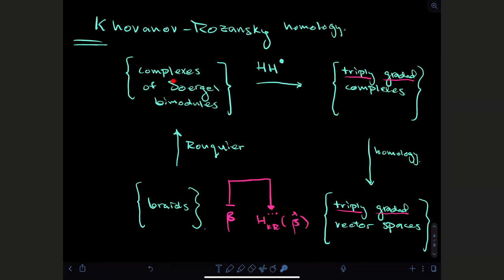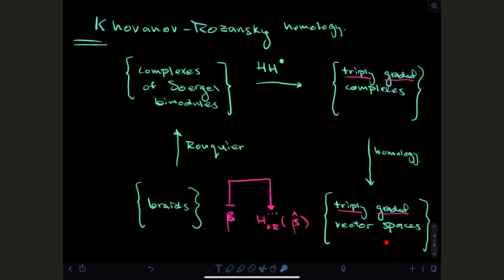It's just some kind of category of objects, and Rouquier tells us how to associate a complex in this category with each braid. Now there's a functor called Hochschild cohomology, which, given a complex of Soergel bimodules, will produce a complex of vector spaces. Once you have a complex of vector spaces, you can take its homology in the usual sense, and you end up with a vector space.